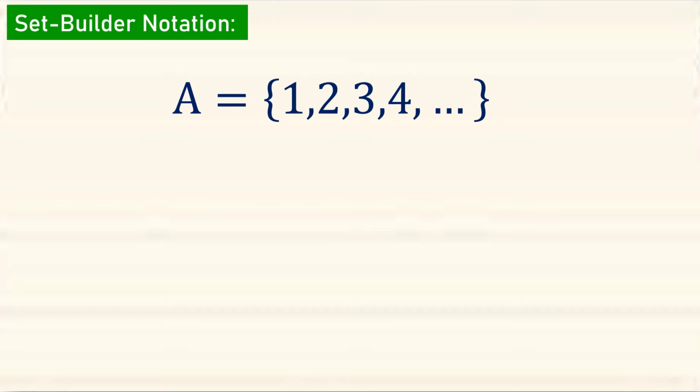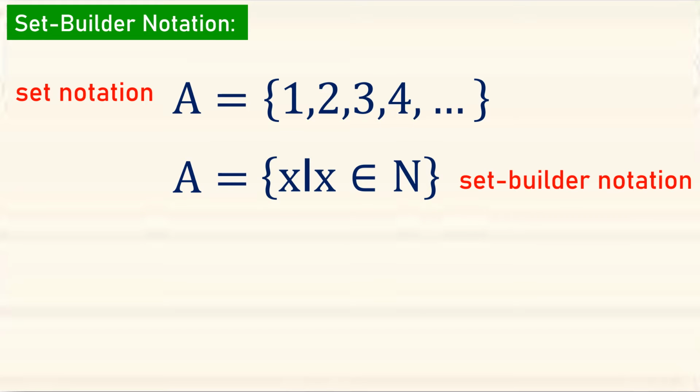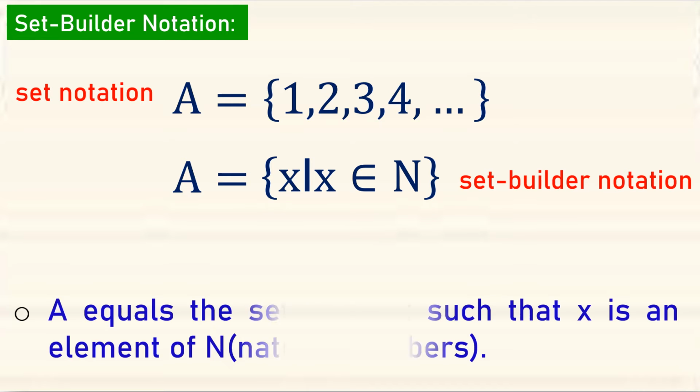What is set builder notation? If we have A is equal to {1, 2, 3, 4, and so on and so forth}, this is the set notation. Now we are going to have the set builder notation. To rewrite this in set builder notation, we have A is the set of all x such that x is an element of N. We all know that the capital letter N stands for the set of natural numbers or set of counting numbers.